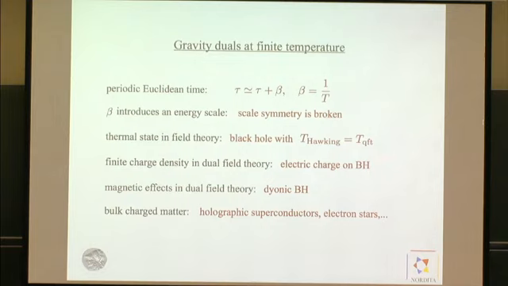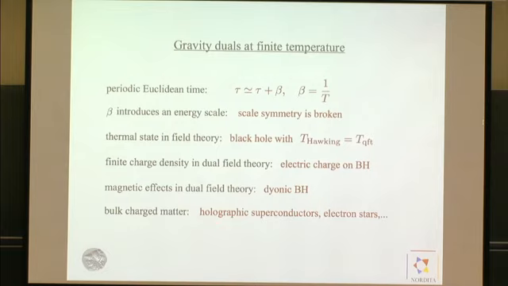And if you further want to have magnetic effects or background magnetic field, you can also add, rather economically, you can have it be magnetically charged under the same U1. And then we're going to throw in some matter, and this will be charged under the U1 of the bulk theory. And depending on the type of matter, if it's a charged scalar, you'll get a holographic superconductor.